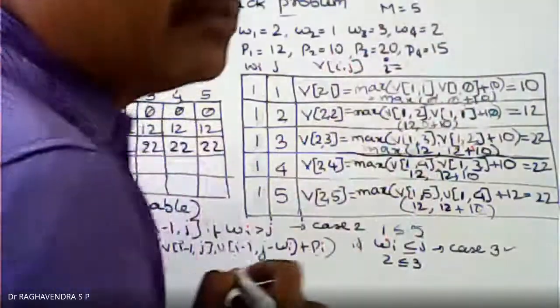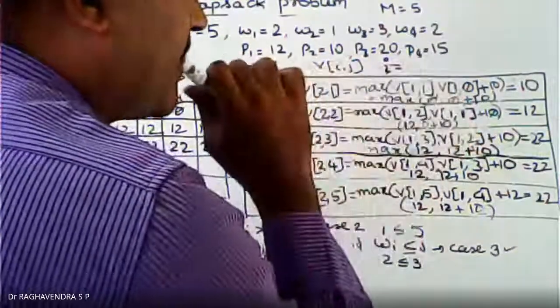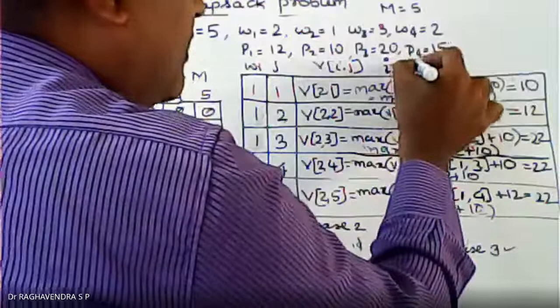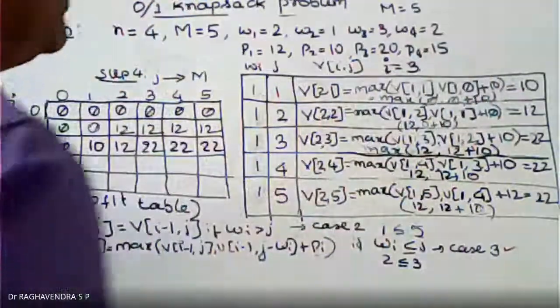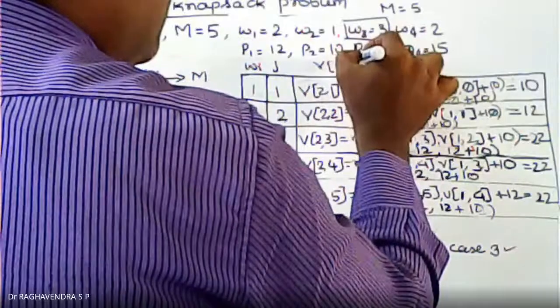I is equal to 3. What is the weight of item 3? 3. What is the profit? 20.